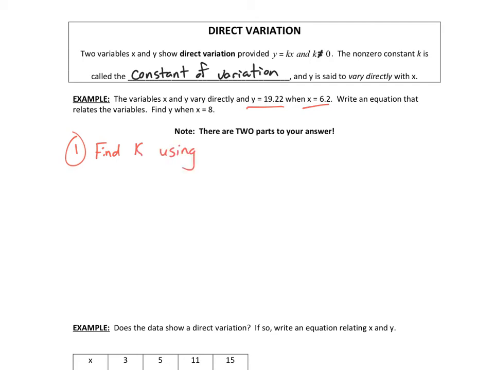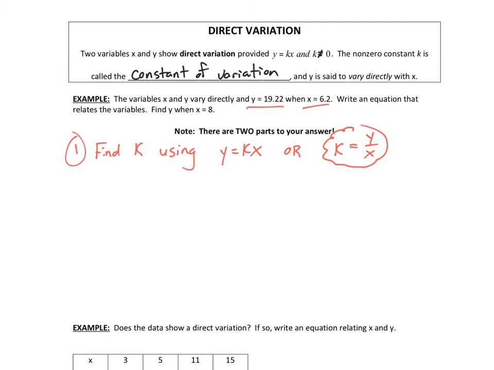Using y equals kx, we can use that equation, or I just want to show that instead of y equals kx, you could do k equals y divided by x. That would also work. So you would find k.